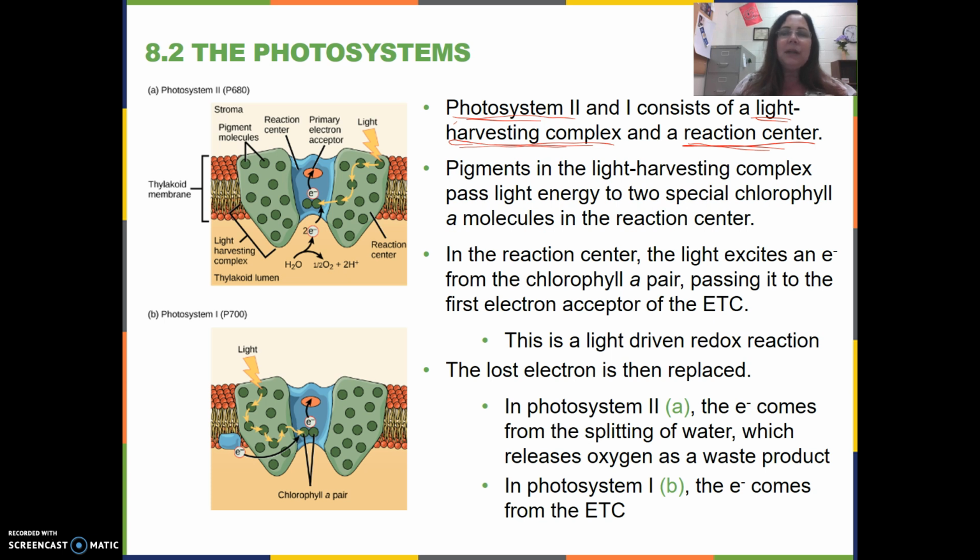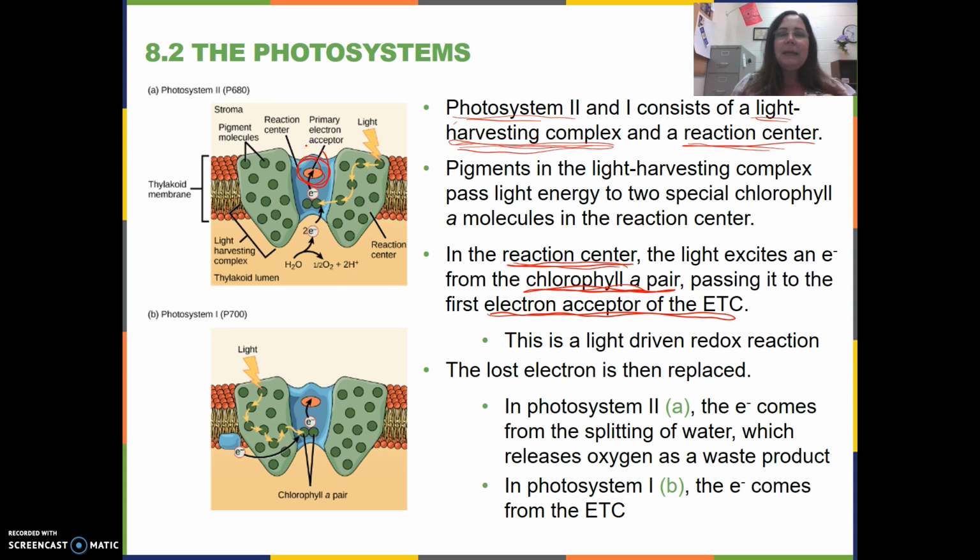They consist of a light harvesting complex, which is just a group of pigment molecules. The reaction center is specifically a pair of chlorophyll A molecules, and then the electron acceptor of the electron transport chain, which is right here, is called the primary electron acceptor.